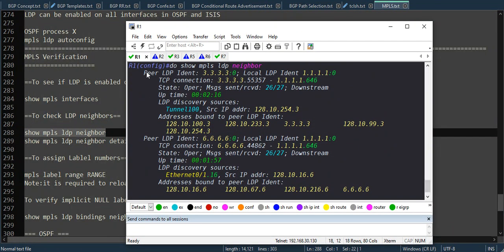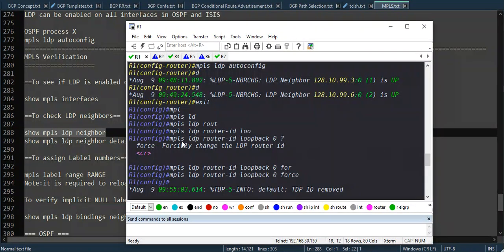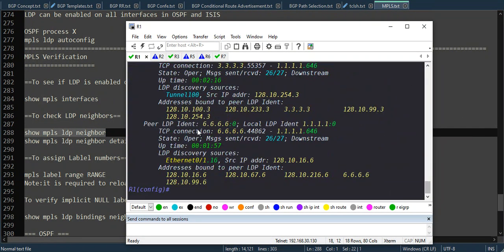I have two LDP neighbors, with LDP IDs of R3 and R6. I have forced because I have configured this command with router ID force. The neighbor address will become a loopback.